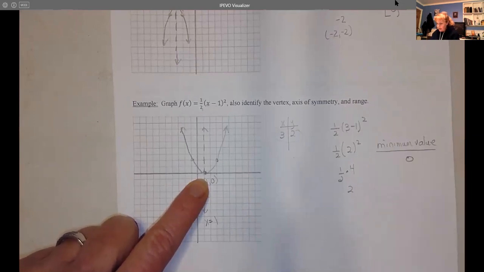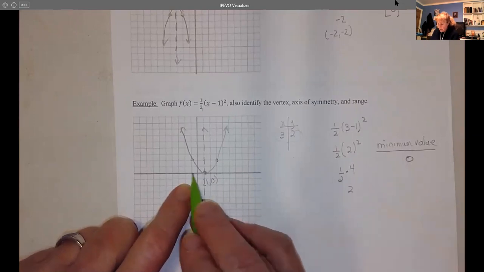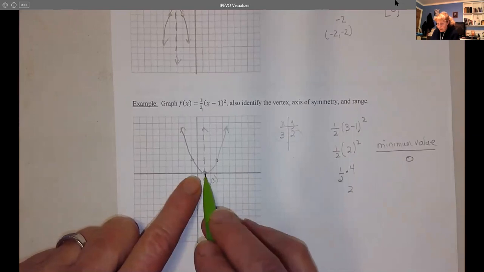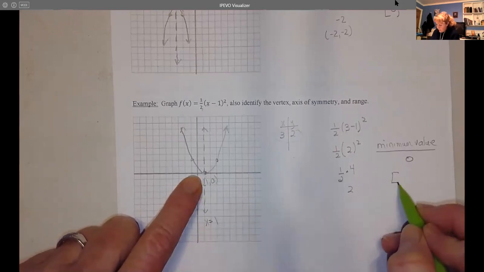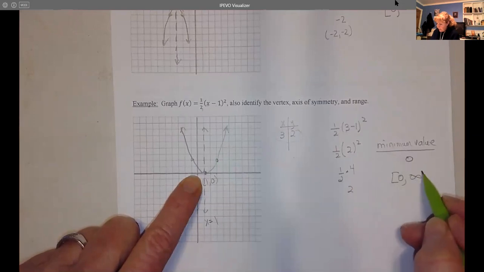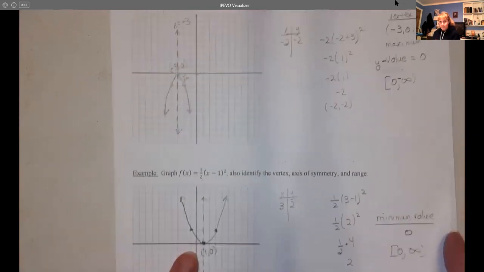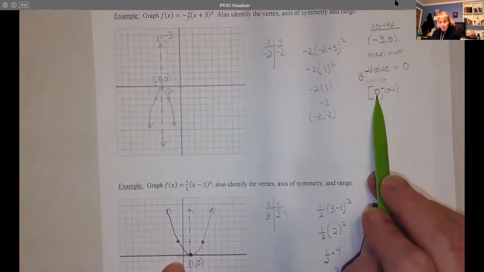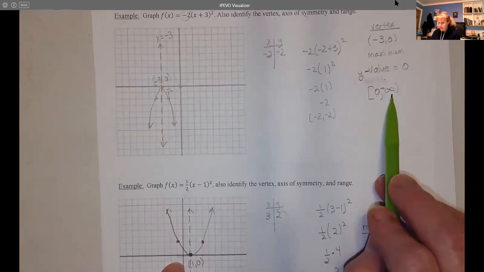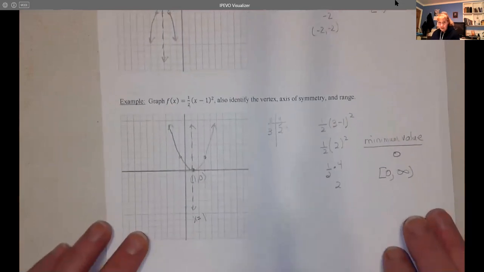The range then, if the minimum value is 0, goes from 0, including 0, up to positive infinity. So you'll either be going up to positive infinity, or you'll start at the y coordinate of your vertex and go down to negative infinity. Those are your only 2 choices, which is kind of nice.